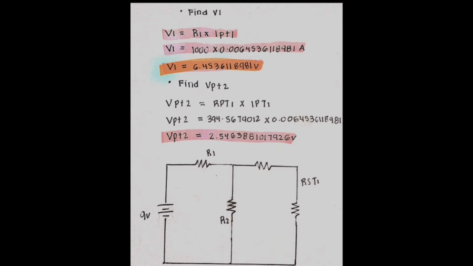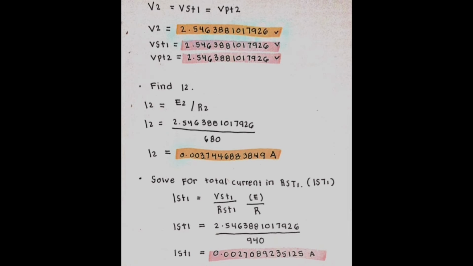6.453611891 volts. To find the total parallel voltage of VPT2 that involves resistor 2, 3, and 4, we must multiply the value of RPT1 and IPT1. That gives us a VPT2 of 2.54638881017926 volts.